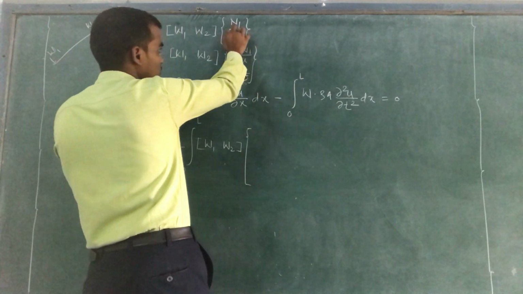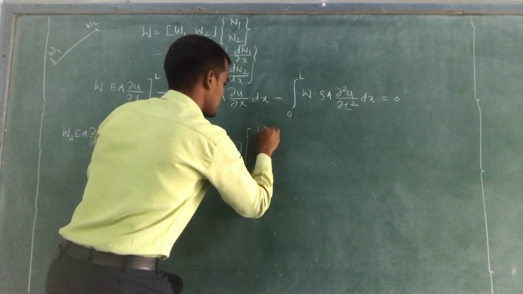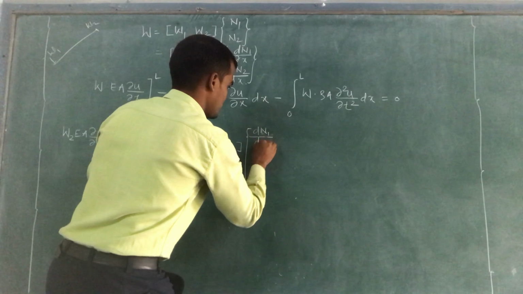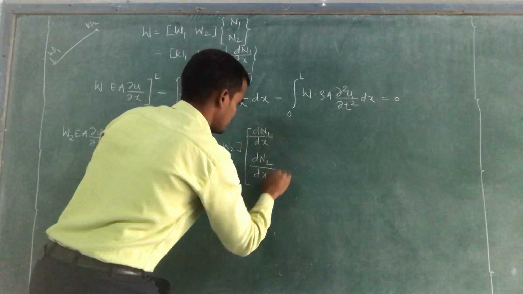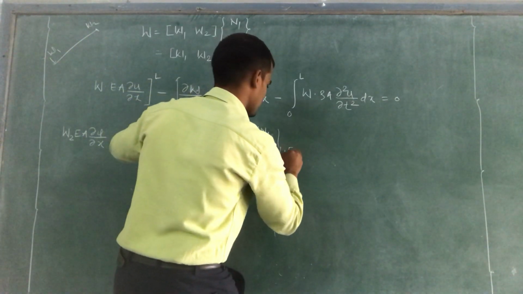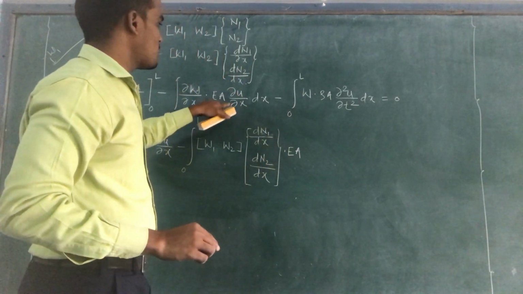So we need to take the derivative with respect to N1 and N2, into EA into ∂u/∂x.